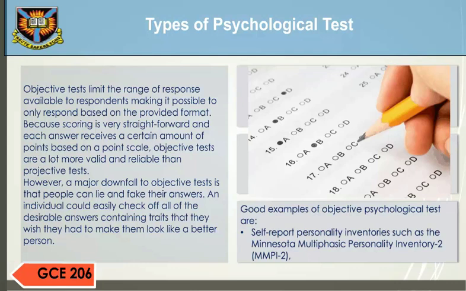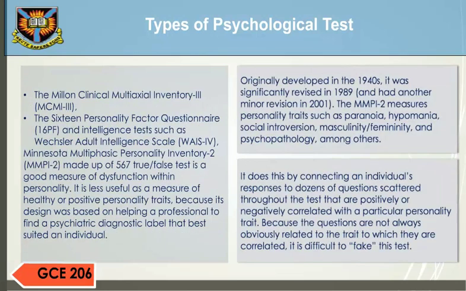Good examples of objective psychological tests are self-report personality inventories such as the Minnesota Multiphasic Personality Inventory 2, MMPI-2, the Millon Clinical Multiaxial Inventory 3, MCMI-3, the 16 Personality Factor Questionnaire, 16PF, and intelligence tests such as the Wechsler Adult Intelligence Scale.